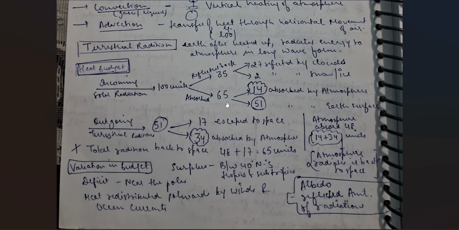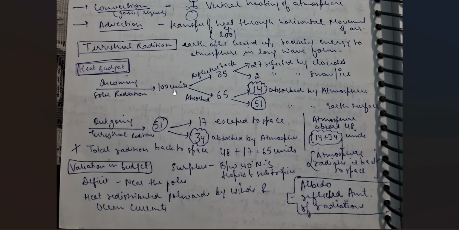From that 35, 27 are reflected by the clouds and 2 by snow and ice. Out of the 65 absorbed, 14 units are absorbed by the atmosphere and 51 are absorbed by the earth's surface. Now note down this 51 here.